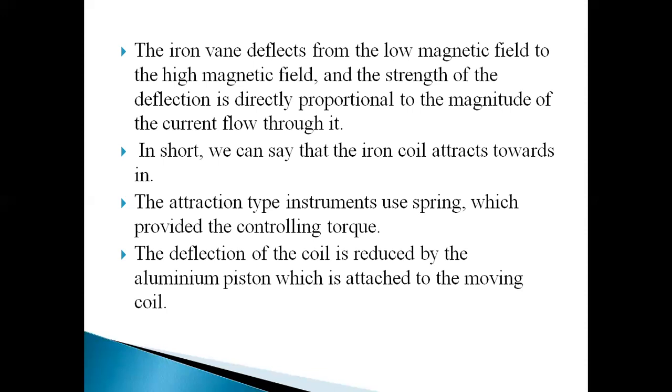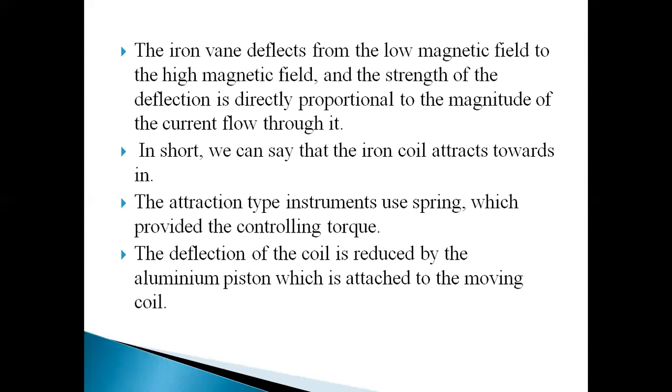Because whenever the pointer reads a value on a calibrated scale, it should be stable on that particular reading. If the controlling torque is not provided, then what happens? The pointer is going to move here and there without any stable value. So this will create an error at the user end.